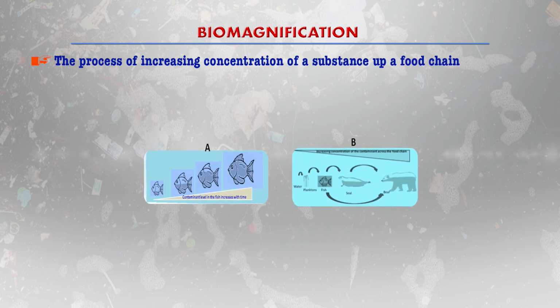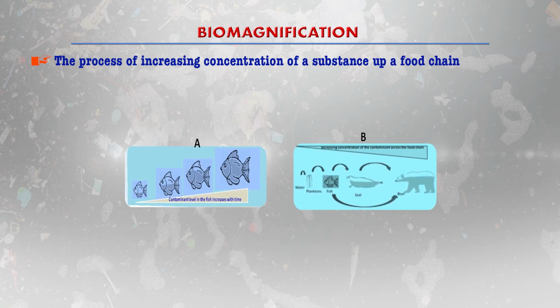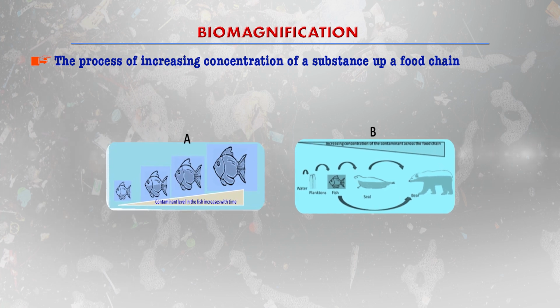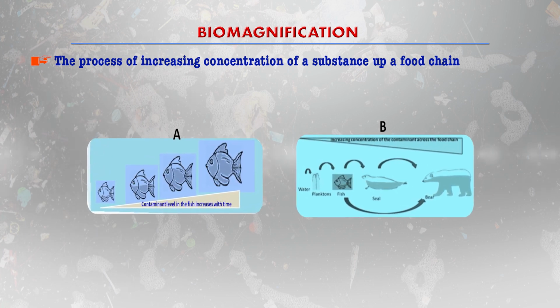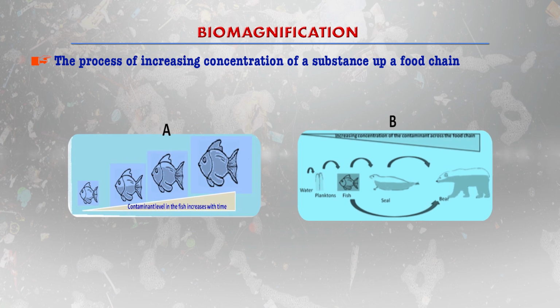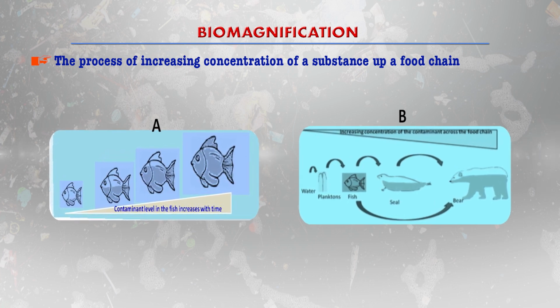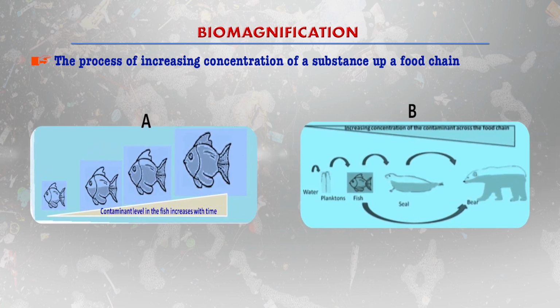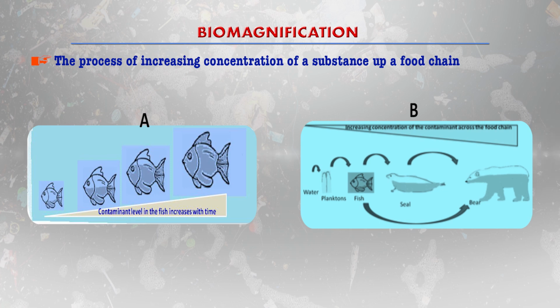Now, this figure is showing you biomagnification. Biomagnification is when the concentration of a compound increases up a food chain. If you look at figure A, you will see that with increasing time period of exposure to a chemical, there is an increased amount of bioaccumulation with time. But figure B is showing you biomagnification.